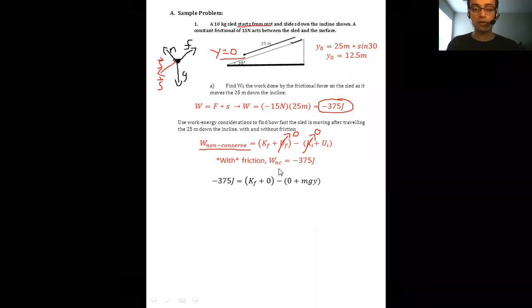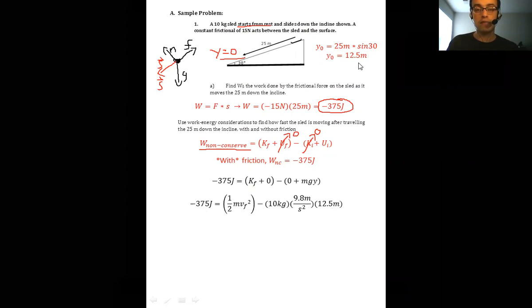So with friction, we plug in the work done by the non-conservative forces. We set up this expression, which turns into negative 375 joules equals 1/2 mv sub f squared minus 10 kilograms times 9.8 meters per second squared times 12.5 meters.